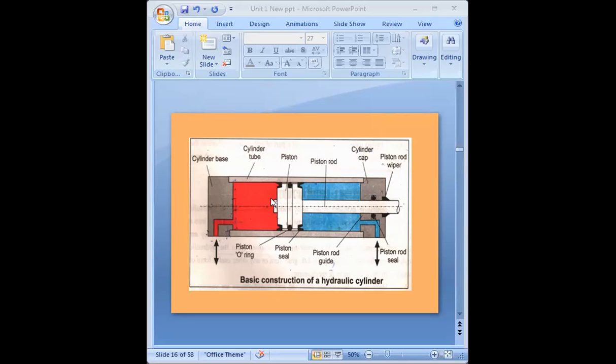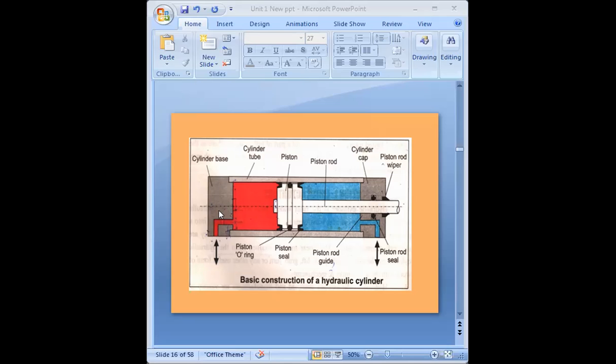The cylinder head and this cap have ports for connecting to piping. For what purpose? For connecting to the piping. At the cylinder base you have one port which is connected to the piping.